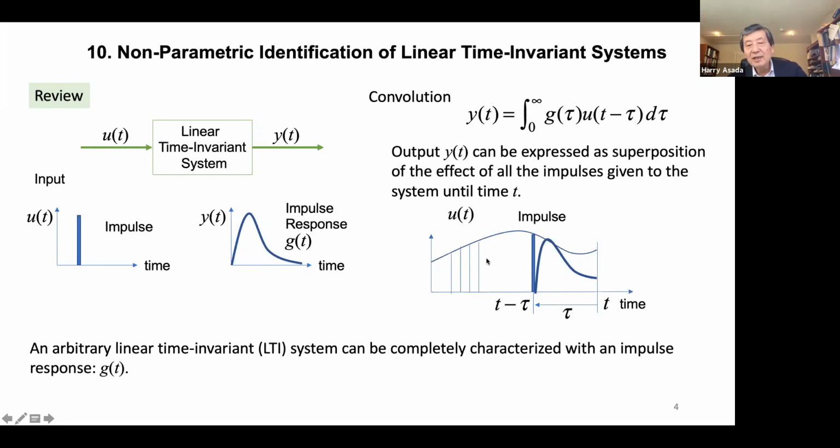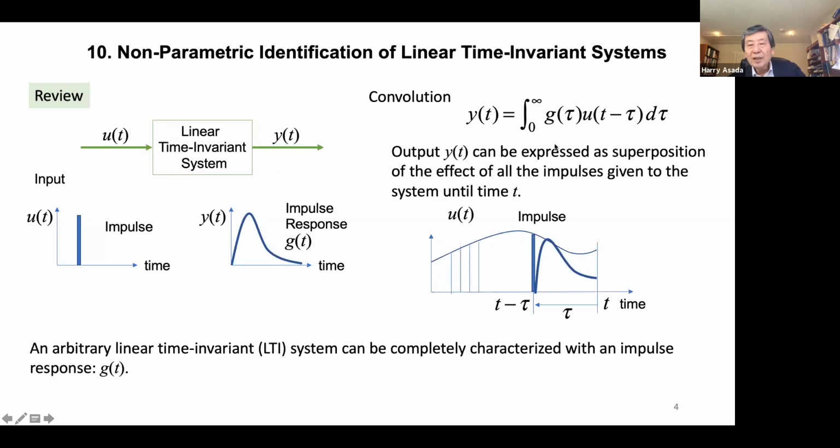Let's see the response to the series of such impulses at time t equals t. If you look at one impulse, tau seconds before, you hit the system, and tau seconds later you get this response as a contribution from this input. So what you need to do is take the impulse response tau seconds later.